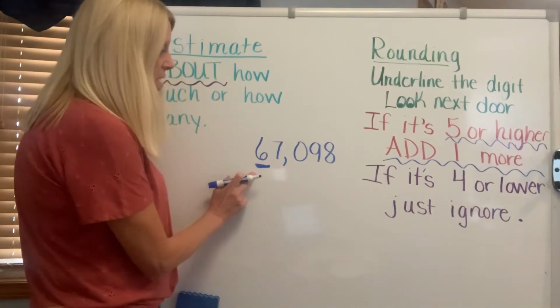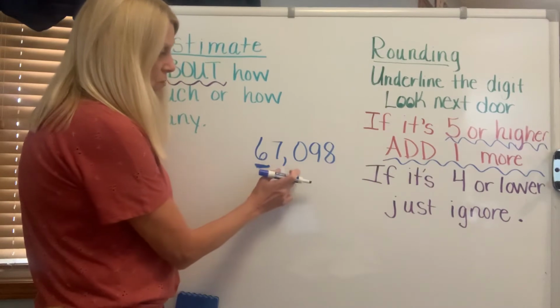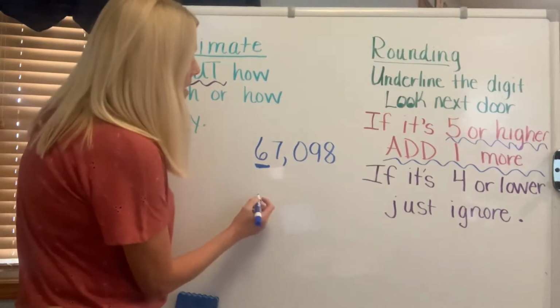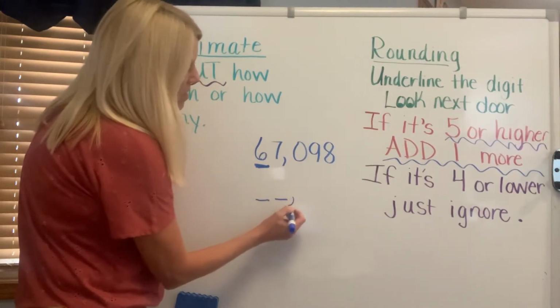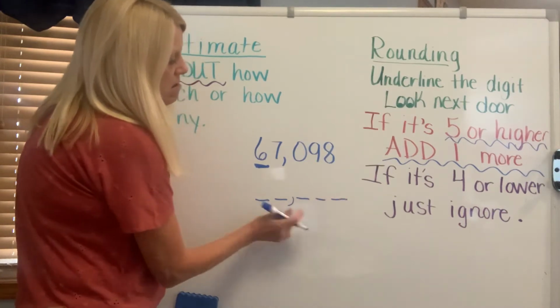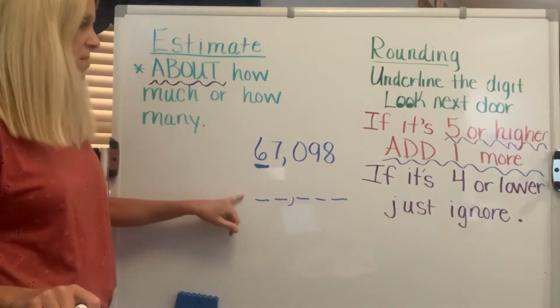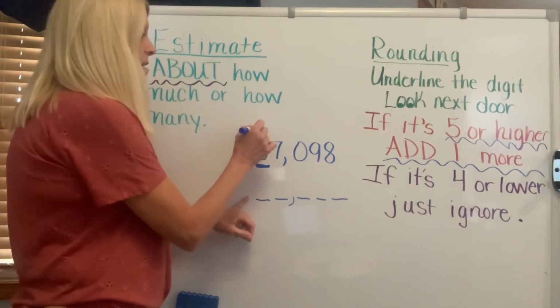When I look at my number, I see that this number has 1, 2, 3, 4, 5 digits. So the number that I round to has also got to have 5 digits. All right, so now I can start working.